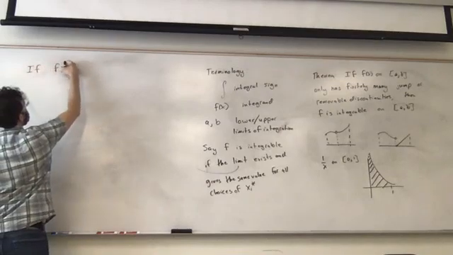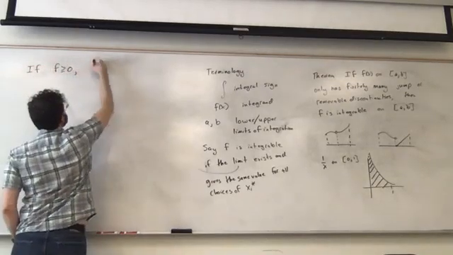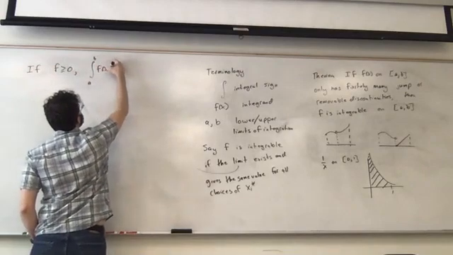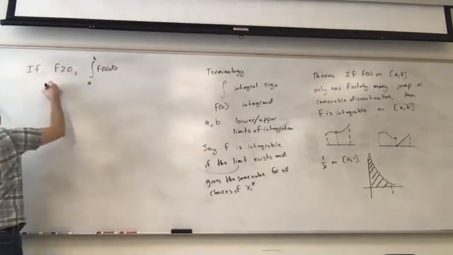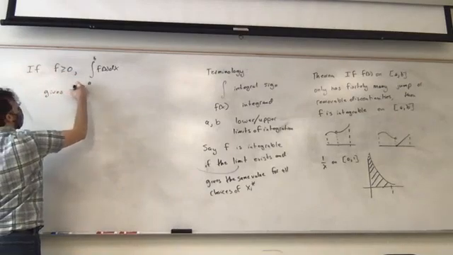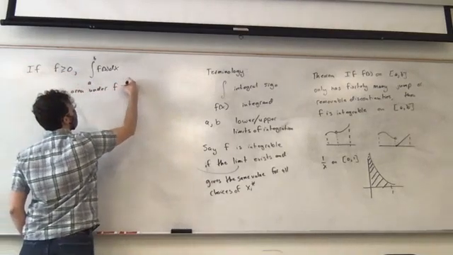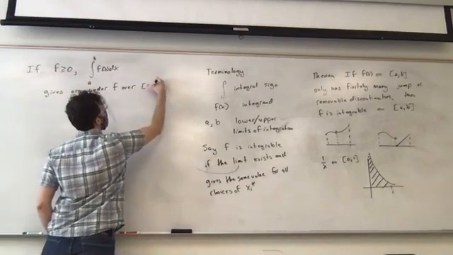So we had said if f is greater than or equal to 0, the integral from a to b of f of x gives the area under the function over the interval [a, b].